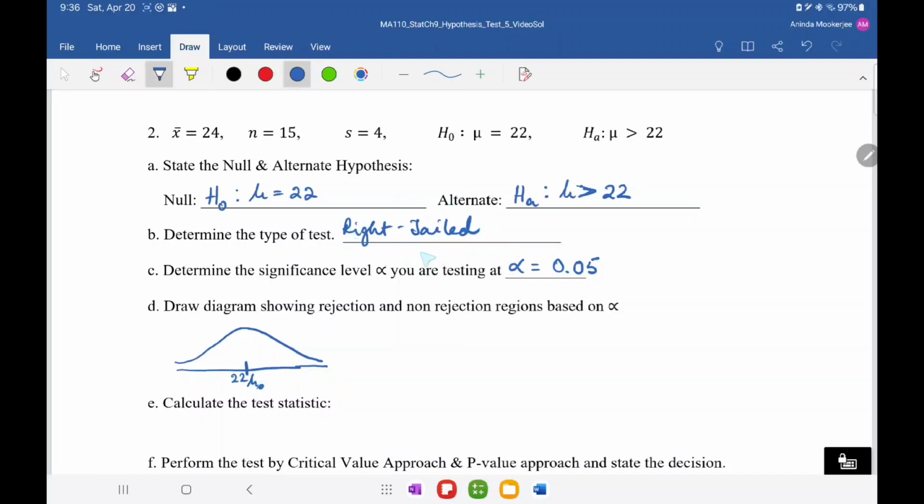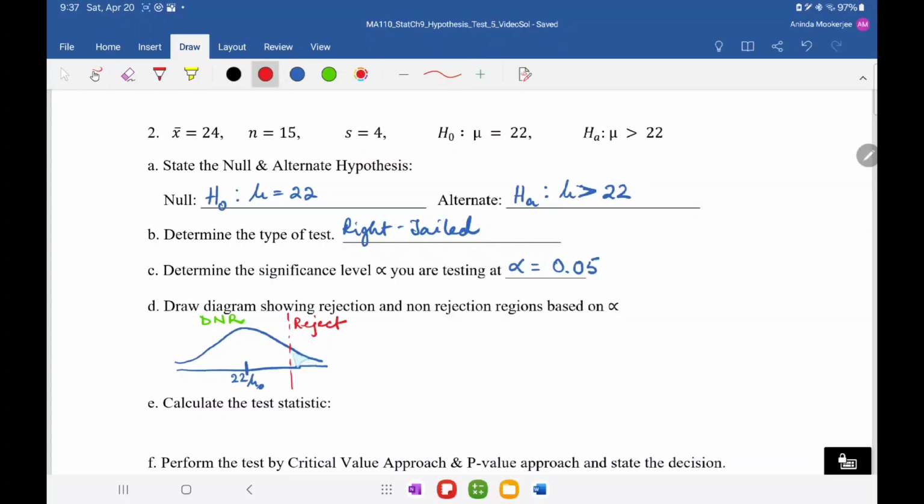Because it's a right tail test, the rejection region will be to the right, so it's going to be reject on the right, and do not reject, DNR, on the left hand side, on the other side of reject.